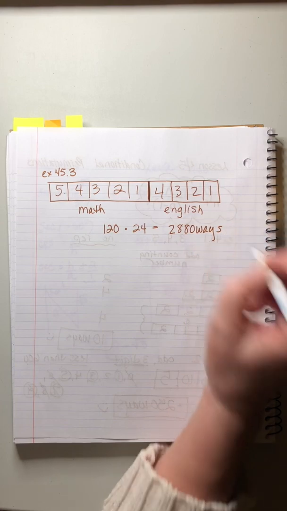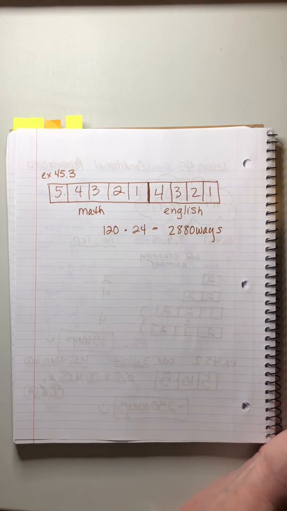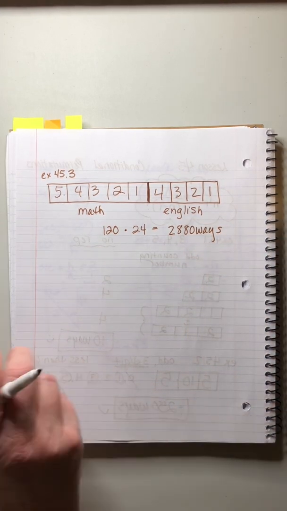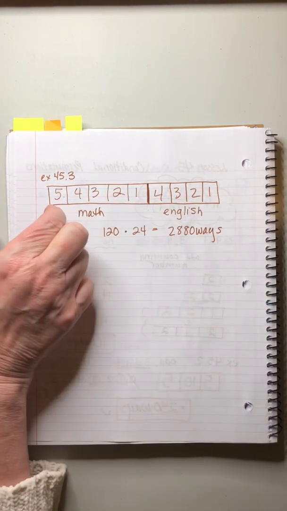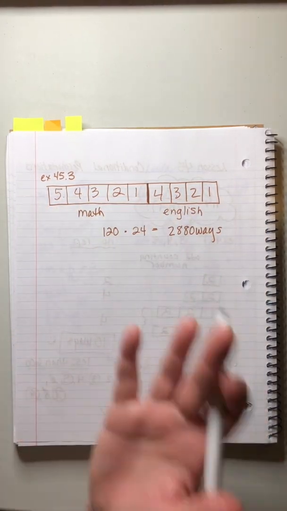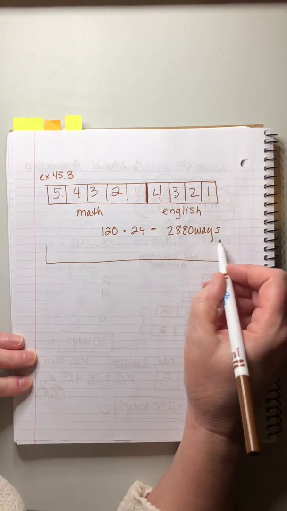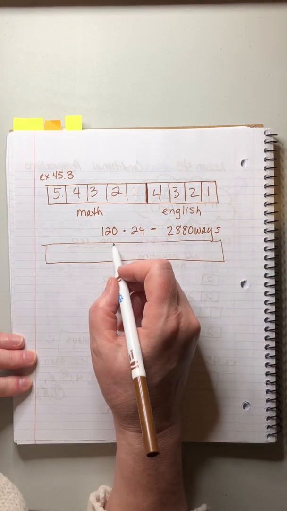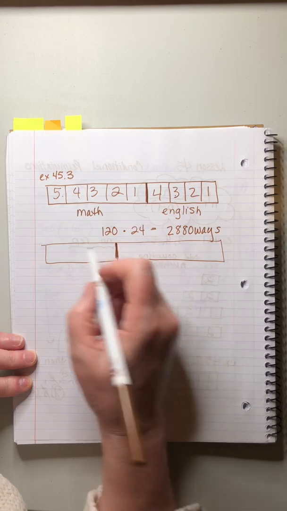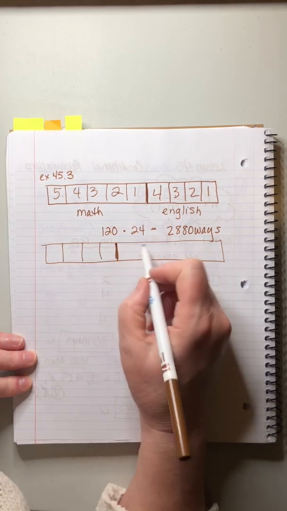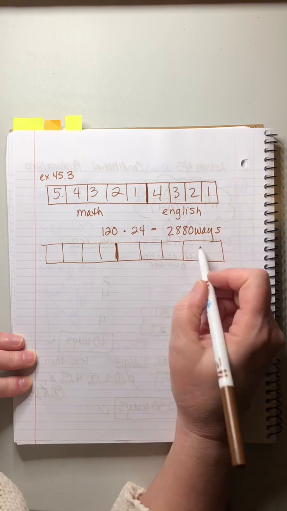And the problem feels done until you stop and go, wait a minute, wait a minute, wait a minute. What if we took the English books and moved them to this side of the math books? We could reverse the subjects, right? It said we have to keep all the math together and we have to keep all the English together, but it didn't say that the math had to come first. Right?